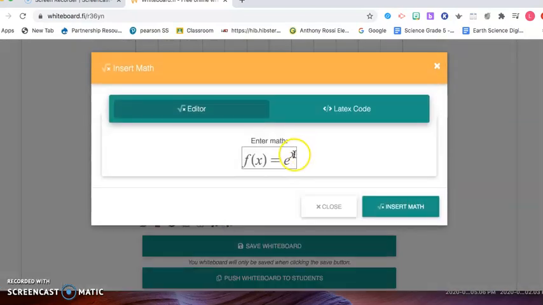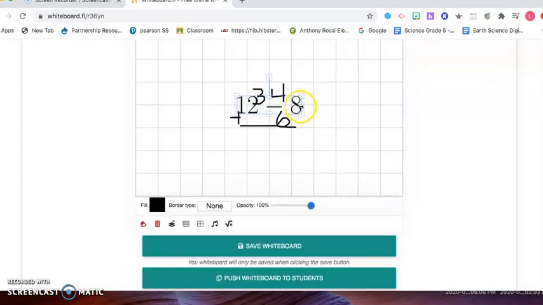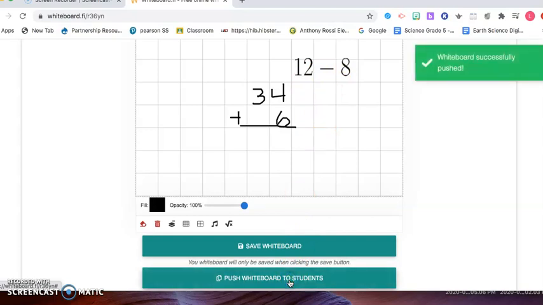And this part is what I'm going to be pushing out to you mostly. I will insert a problem, and I will push that problem out to you. And on your whiteboard, you're going to see 12 minus 8.